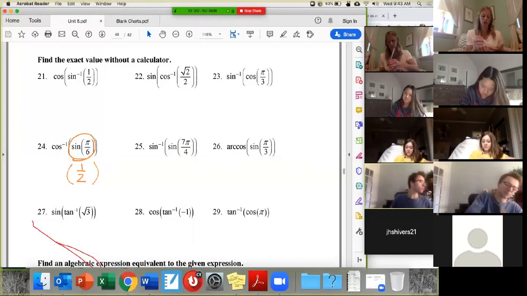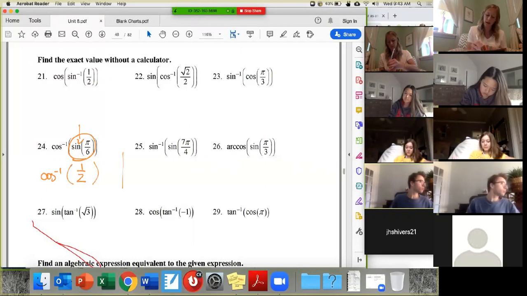Once I get that value from my chart, then I work to the outside. Now, notice this is a cosine inverse. So it's asking me the question, where is cosine equal to this? The first one was a regular sine, so it's saying, what is the sine value at this radian? The outside one is an inverse cosine, so it's saying, where is the cosine equal to this?